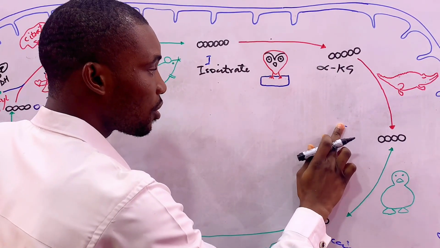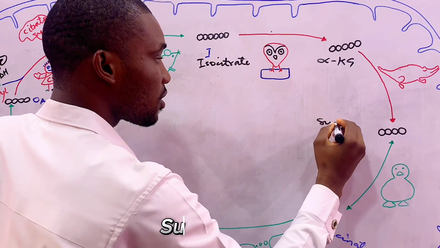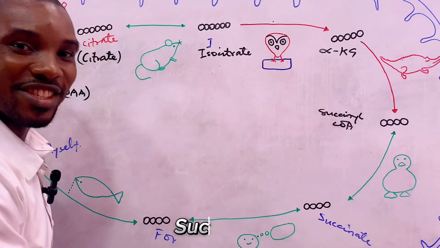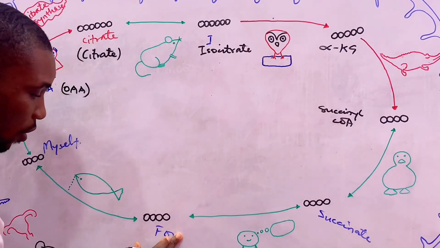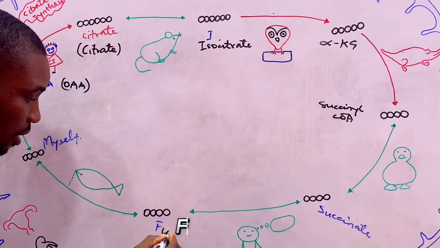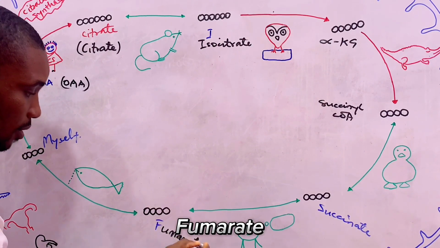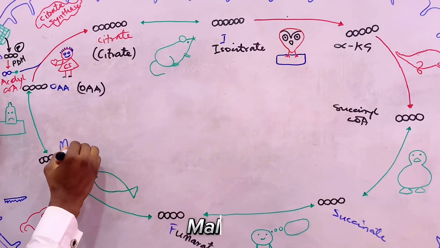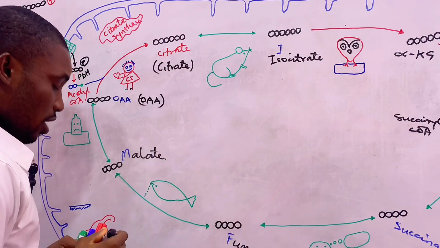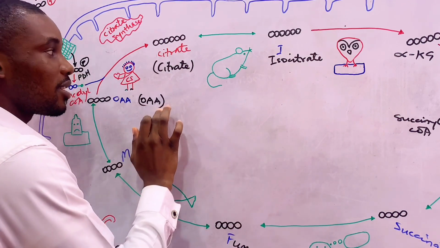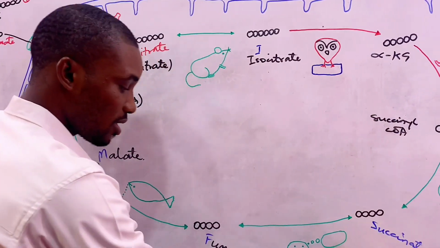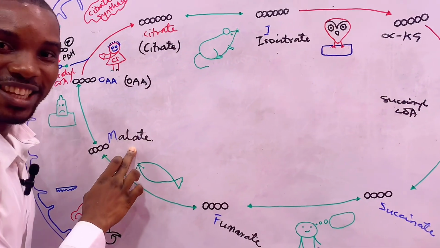Then for the some, we have succinyl CoA. For the succinate, succinate is succinate, right? Then for, we have fumarate. Then myself, we have malate. So you can see the intermediates are oxaloacetate, citrate, isocitrate, alpha ketoglutarate, succinyl-CoA, succinate, fumarate, and malate.